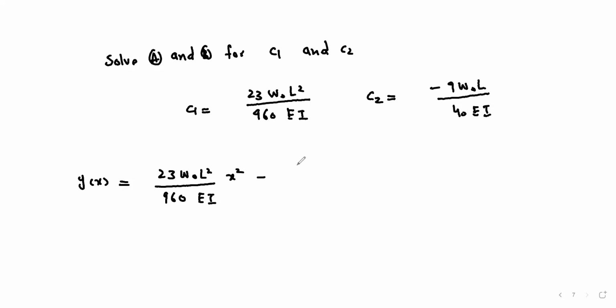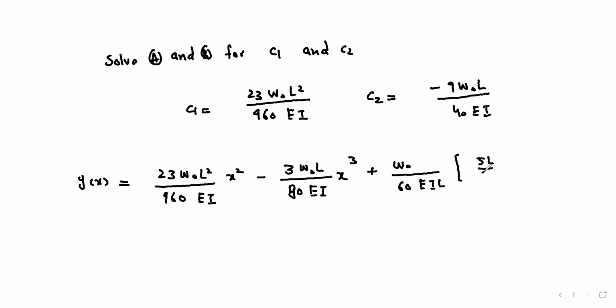Then C2 value, C2 is 3 W naught L over 40, sorry, not 40, we have 80 EI x cube plus W naught over 60 EIL into 5L by 2 x raised to power 4 minus x raised to power 5 plus x minus L by 2 raised to power 5 u of x minus L by 2.